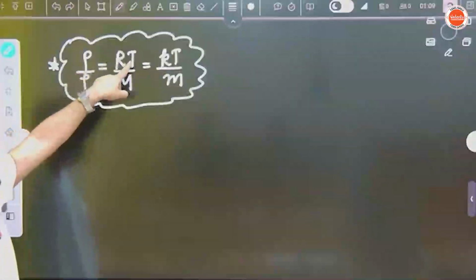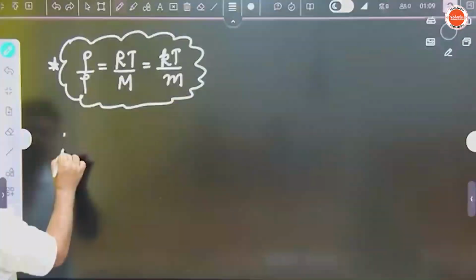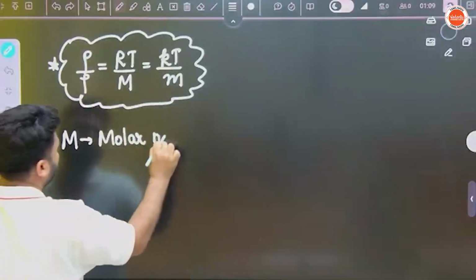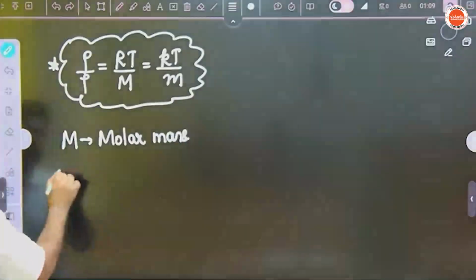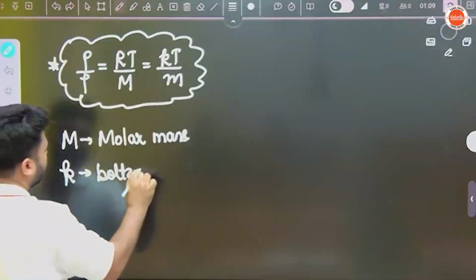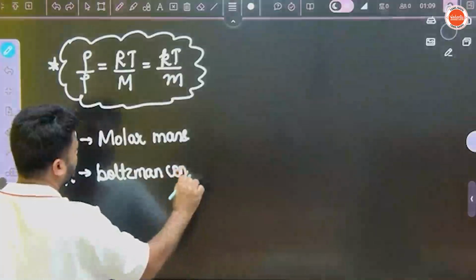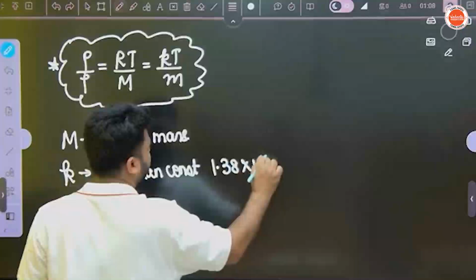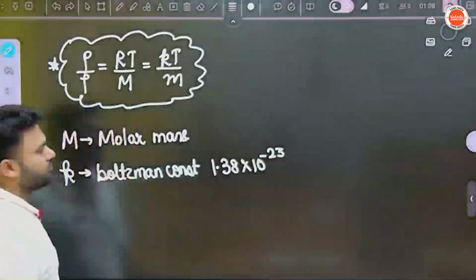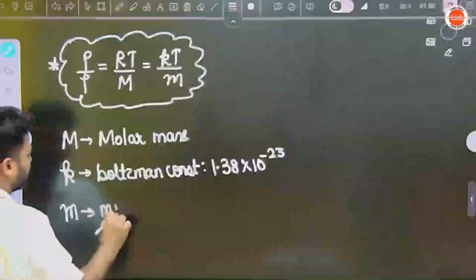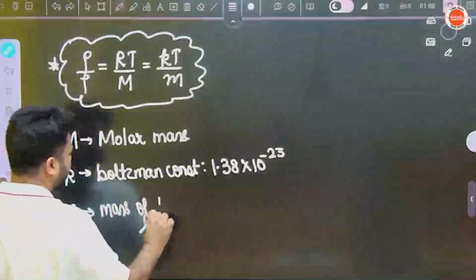R you know, T is temperature, M is molar mass of gas. k is Boltzmann constant, 1.38 into 10 power minus 23. This is the value of k. T is temperature. Small m is mass of one molecule of gas.